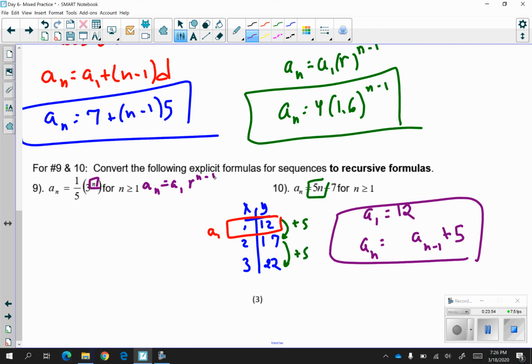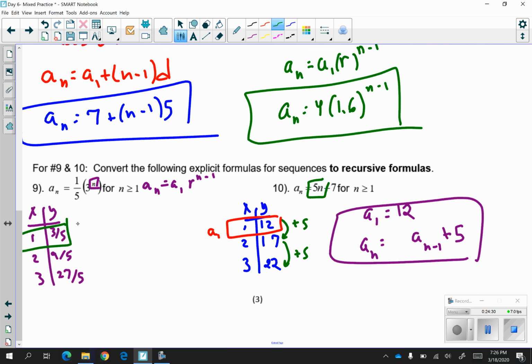This is only n. So you do have to use the calculator for this one as well. Put it in y equals as 1/5 times 3 to the n. Get out your first 3 terms. It's going to tell you 3/5, 9/5, and 27/5. Now, if you're seeing decimals, that's because you did not use alpha y equals in your calculator. So please make sure you put the fractions in as alpha y equals. That way we get nice fractions instead of disgusting decimals.